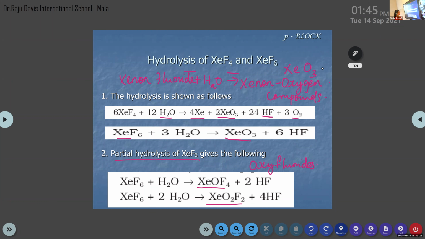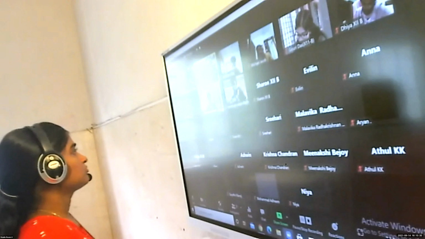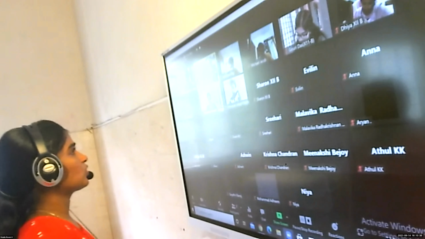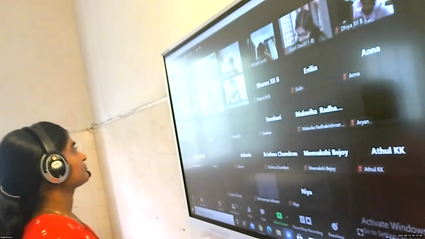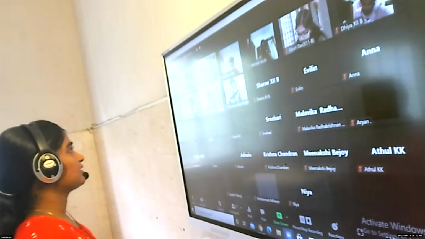Vidur, can you tell me which product will be obtained when xenon fluoride reacts with water on complete hydrolysis? Complete hydrolysis, not partial.